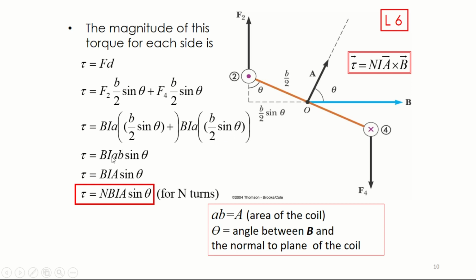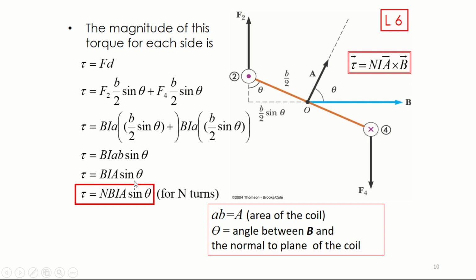So you get BIAb sine theta. Refer to the diagram: A times b equals the rectangular area. So the magnitude of the torque tau equals BIA sine theta.